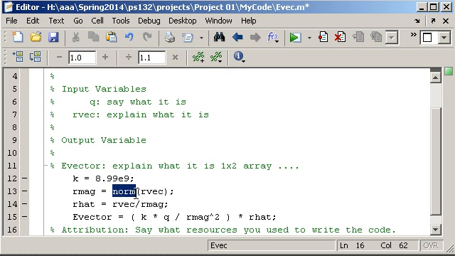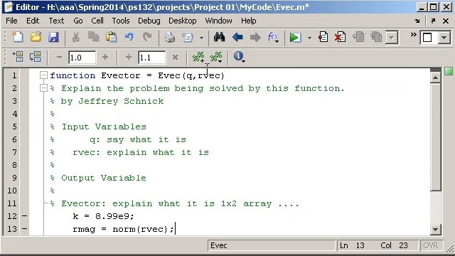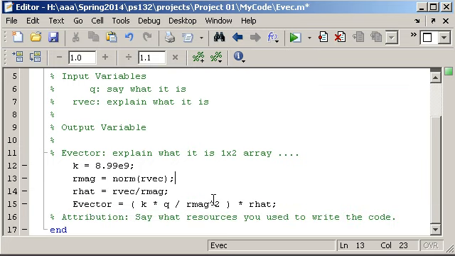I'm not sure everybody knows, I just happen to know, or in the back of my mind I was pretty sure there was something called norm that would work. But you certainly didn't have to use that. You could have used RMAG is equal to the square root of RVEC 1 squared plus RVEC 2 squared. So you didn't have to use that.